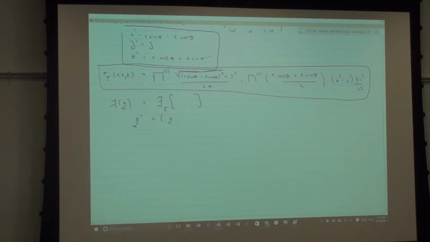So it will be q_x sine of theta minus q_z cosine of theta, q_y, q_x cosine of theta plus q_z sine of theta. So what you can do is write your unrotated particle scattering and then plug in the new q's. That's another way to do it.